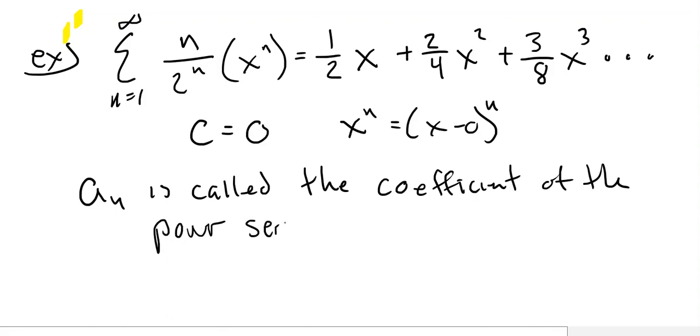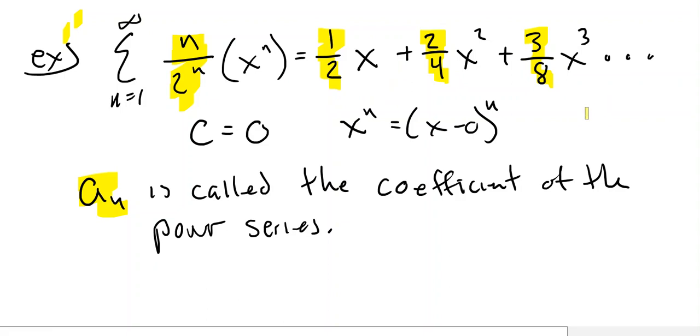Now, if you look at the power series we just did, you can see why. So a sub n in this particular example was this. And that gave us the coefficients of the variables. And so that's why a sub n is referred to as the coefficient, because it gives us the coefficients of each one of the terms of the series.